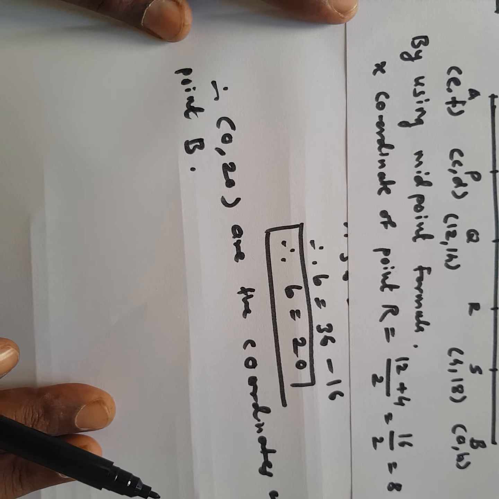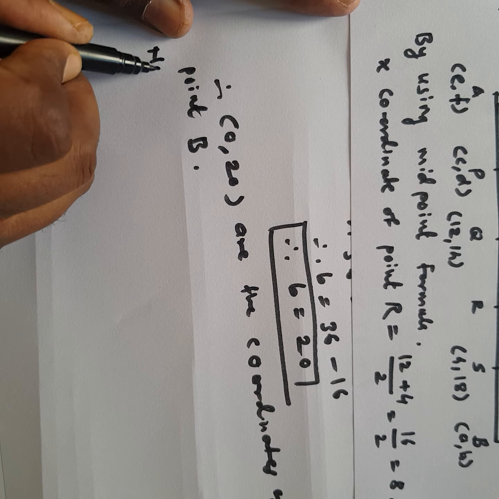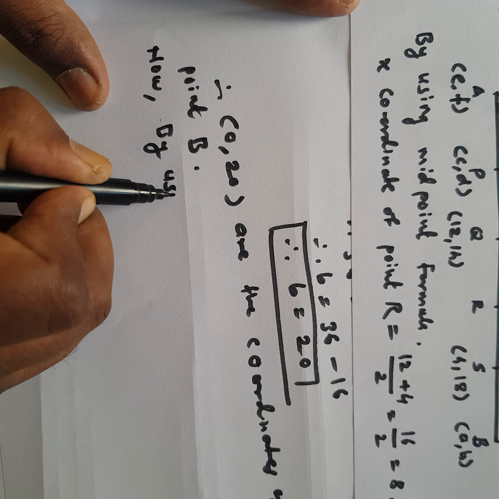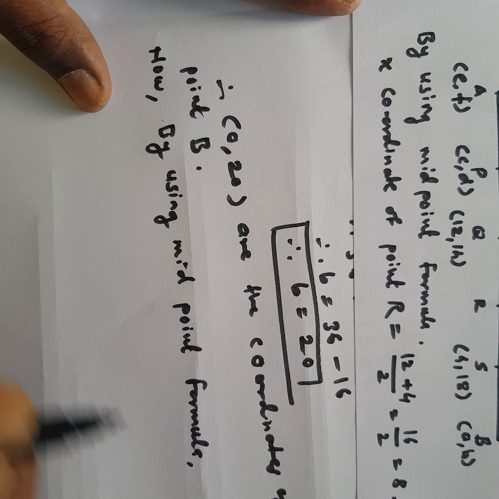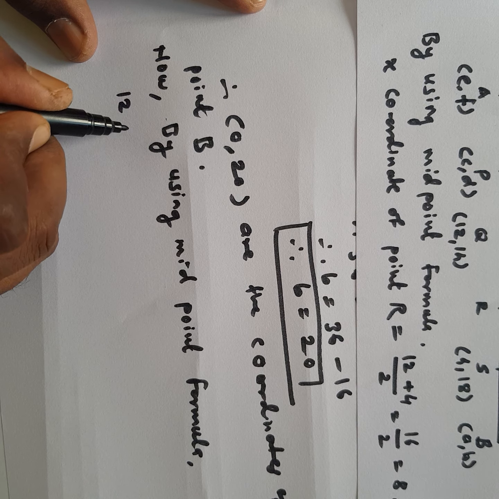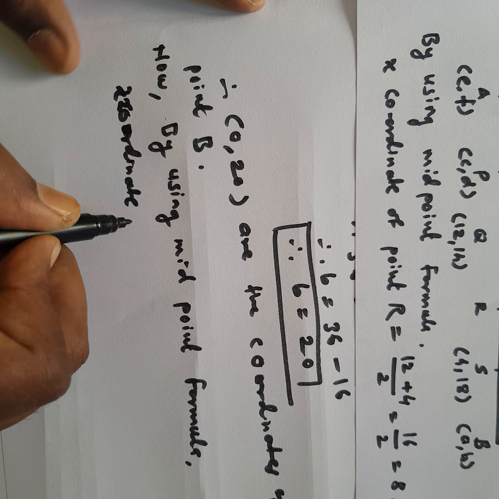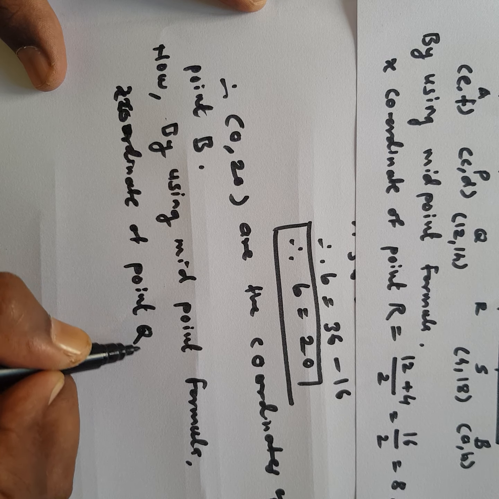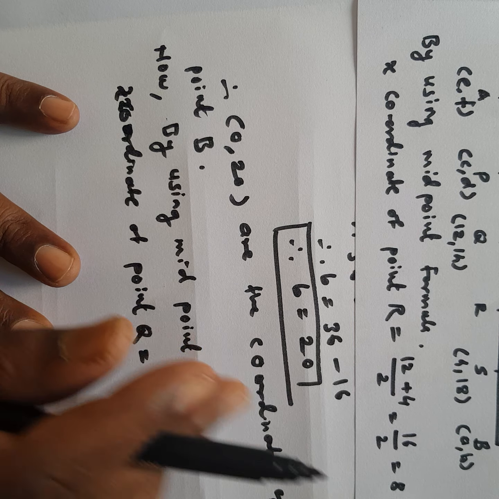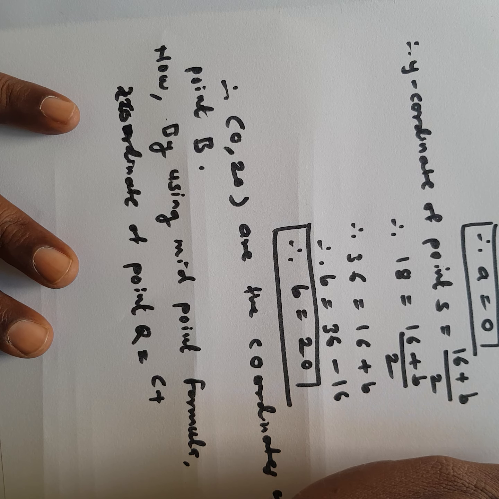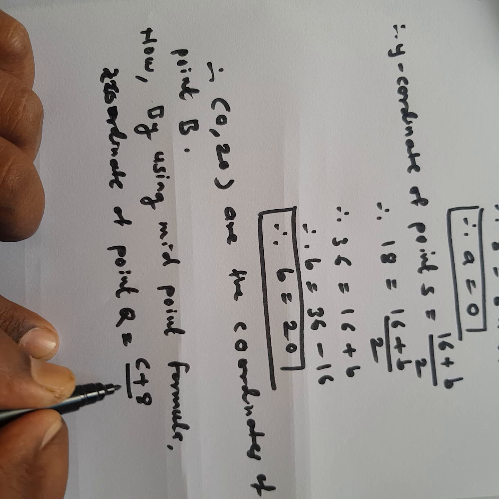Therefore we use the midpoint formula for the x coordinate of Q and the y coordinate of Q. Now by using the midpoint formula, the x coordinate of point Q is equal to C plus the x coordinate of point R, which is 8, upon 2.